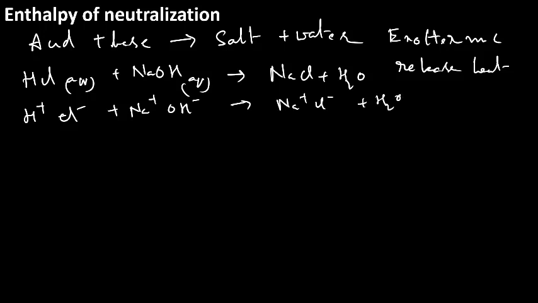The common ions Cl- and Na+ can be cancelled, whereas H+ and OH- give H2O, water. That means a neutralization reaction we can define in a different way also: a reaction in which H+ ions from acid react with OH- ions from base to form water.